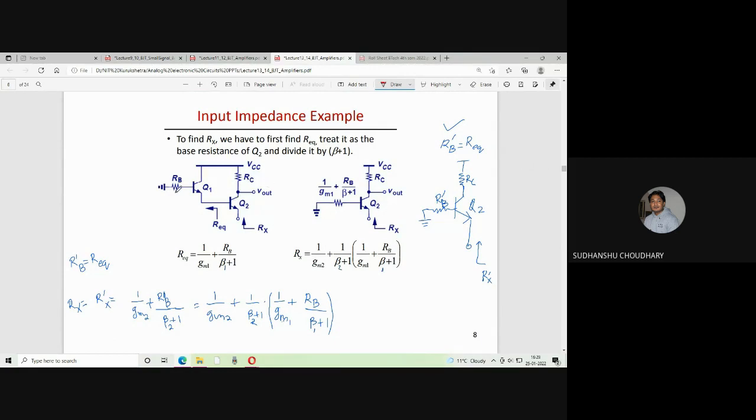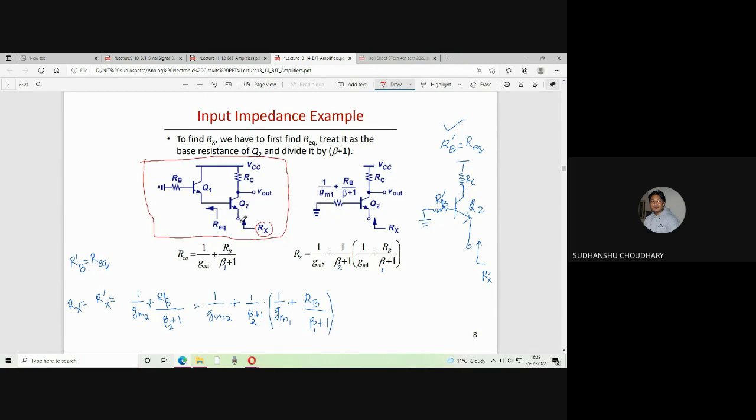Now let us say that we have been given this circuit, and for this circuit we want to find out the input impedance. This is a complex circuit for which I have to find the input impedance, that is, the impedance looking into the emitter of Q2.